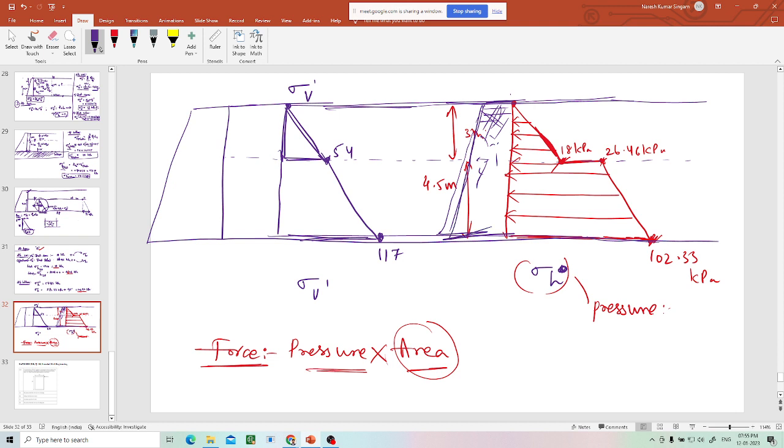This retaining wall is not like this, it is like a 3D diagram. This stress is also acting at every point lengthwise. You are understanding. Everywhere it is acting in this direction, right? Is there any doubt?